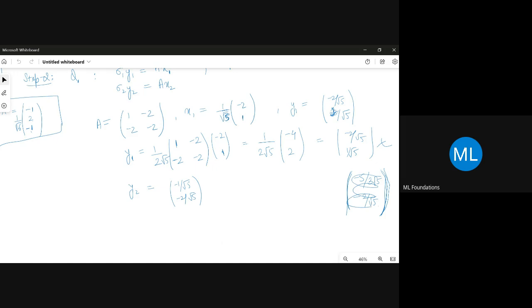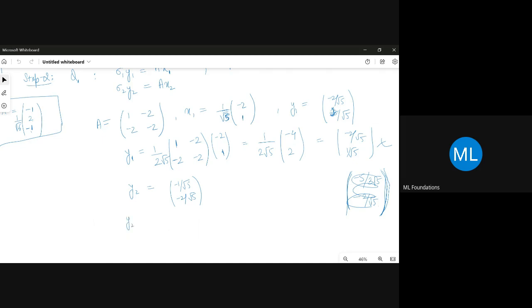So now we have got our y1 and y2. So you can write your Q1. Q1 is y1, y2. Ma'am, are the y2 values right? Since most of you got it, I thought it should be right. If you want, I can check.